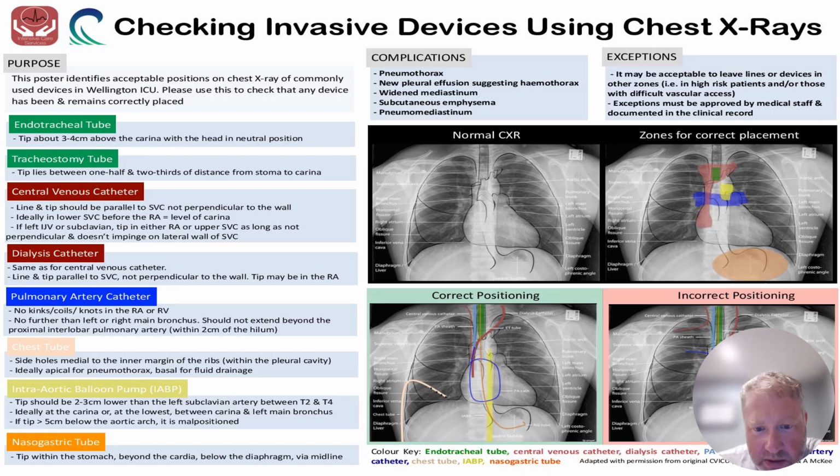This is a nice illustration of a normal looking chest X-ray with the diaphragms at their appropriate angles, the heart silhouette size that it should be, straight trachea, no obvious air in terms of pneumothoraces, no white markings for consolidation. So that's a good illustration.